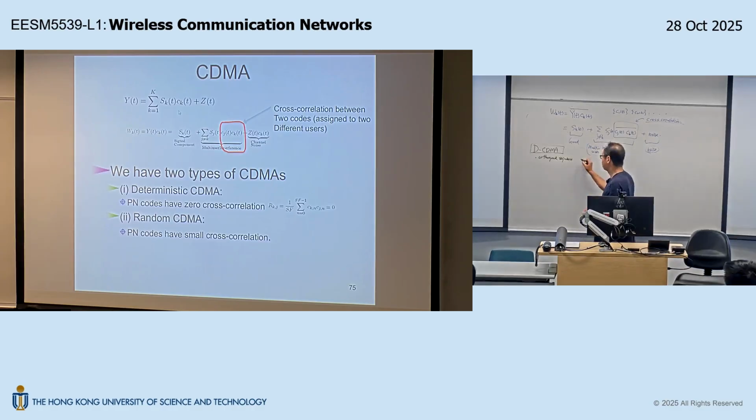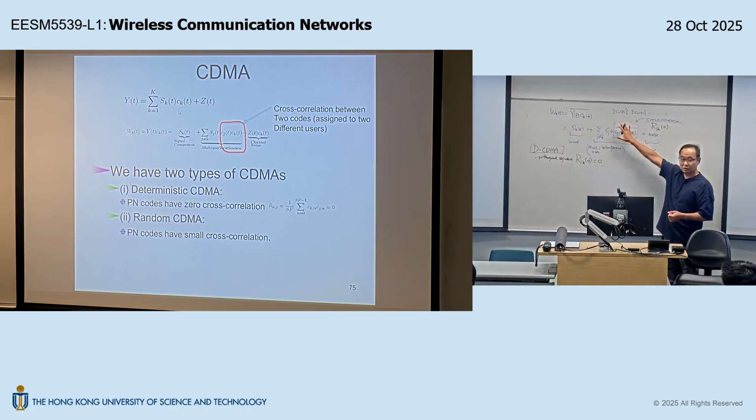Orthogonal means the cross correlation, let me give a notation, this is called RJK(0), with a delay offset of 0. So if I design a sequence such that the cross correlation at 0 offset is 0, then this term is 0. If this term is 0, that means the entire multi-user interference term is gone.